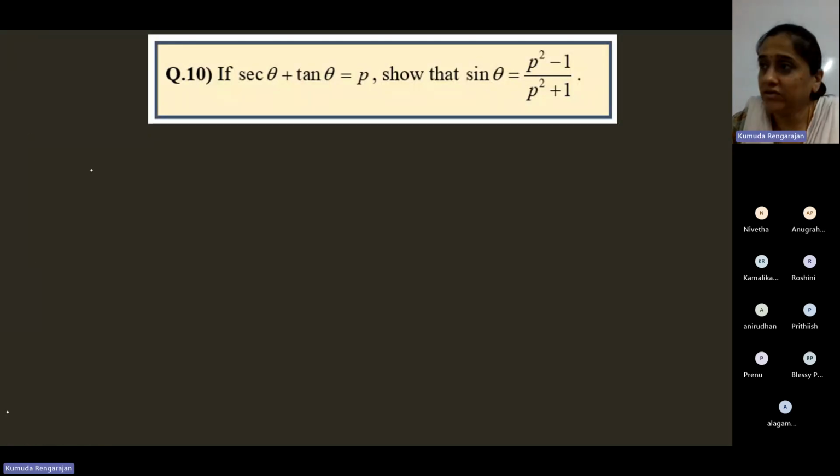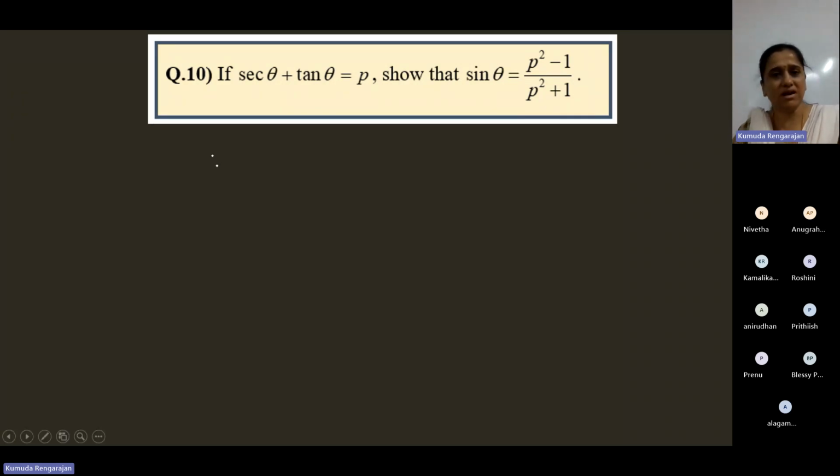Now we are given the expression for P. P is equal to secant theta plus tan theta. We have to prove that P square minus 1 by P square plus 1 is equal to sin theta.